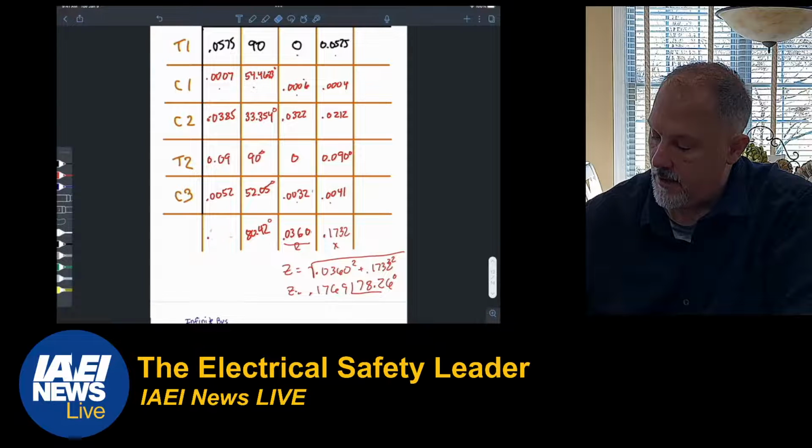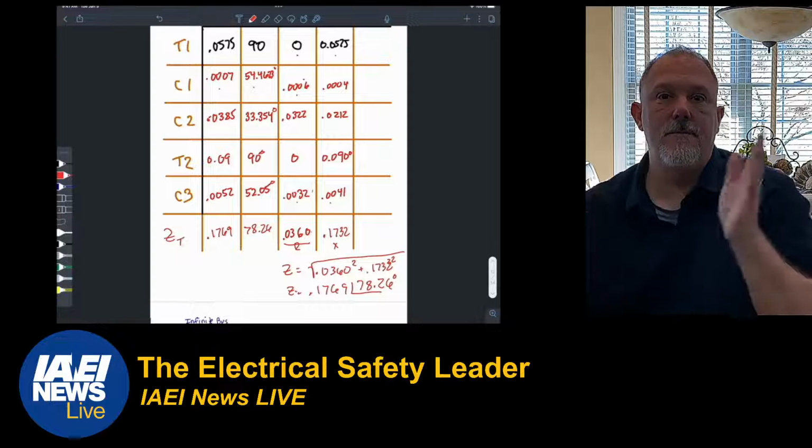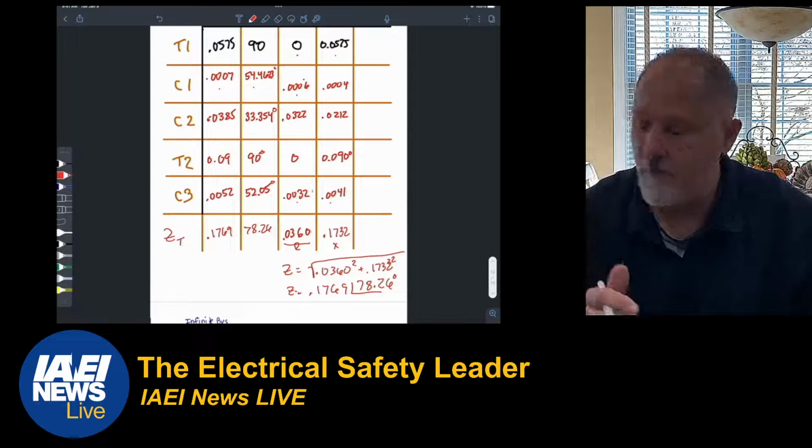So this was wrong. So 0.1769 at an angle of 78.26. That's Z total. Now, this is what we're going to do.